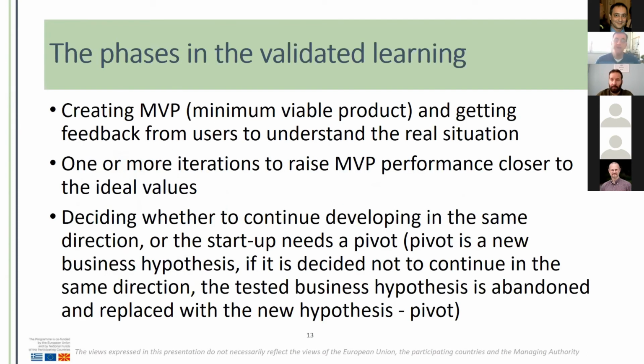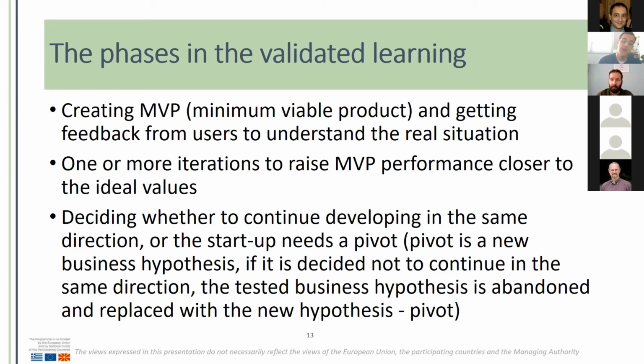So the phase in the validated learning is creating MVPs, or minimum viable product, and getting feedback from users to understand the real situation. One or more iterations to raise MVP performance closer to the ideal values. You have to do that. And deciding whether to continue developing in the same direction or the startup needs a pivot.